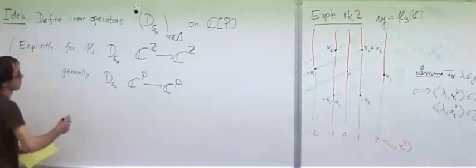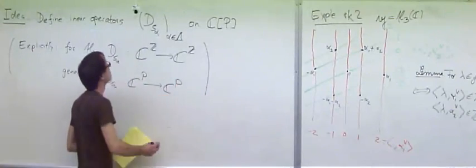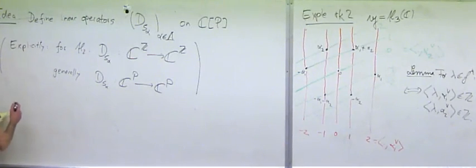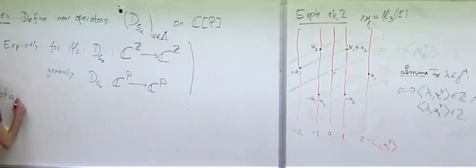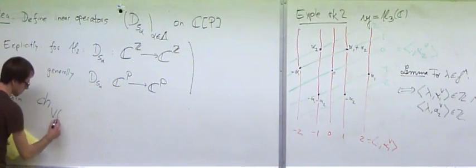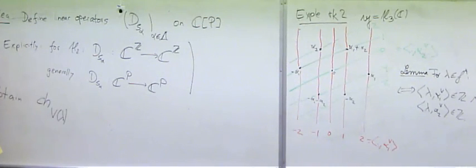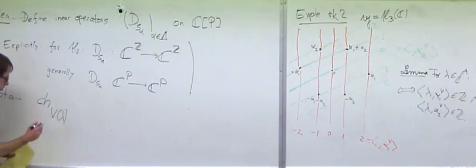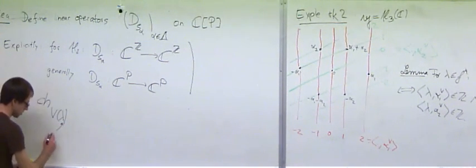So the idea is to define such a set of linear operators and obtain the character of any irreducible module. And we learned that the irreducible modules are parametrized by these dominant integral weights.